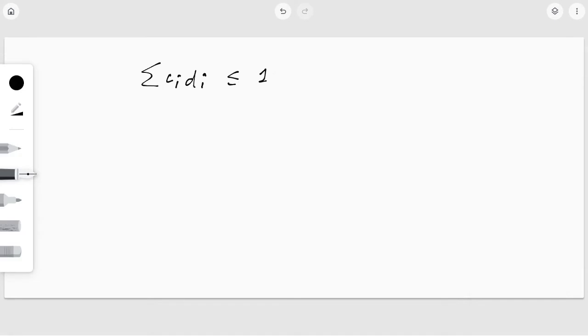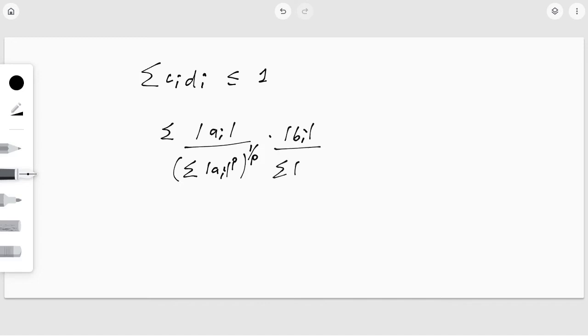Now let us substitute the value of Ci and Di. It will be summation mod Ai by summation mod Ai raised to P whole raised to 1 by P into mod Bi by summation mod Bi raised to Q whole raised to 1 by Q, which will be less than or equal to 1.